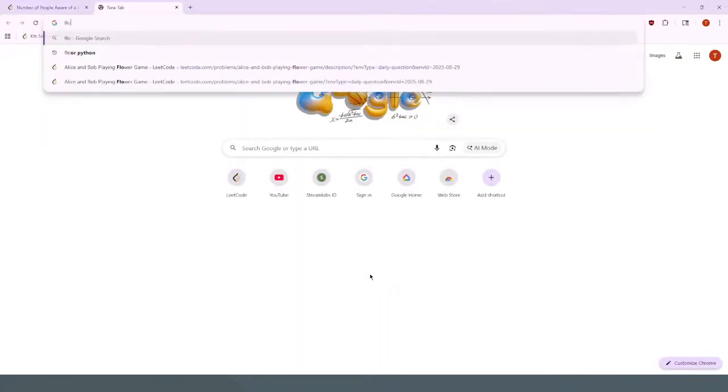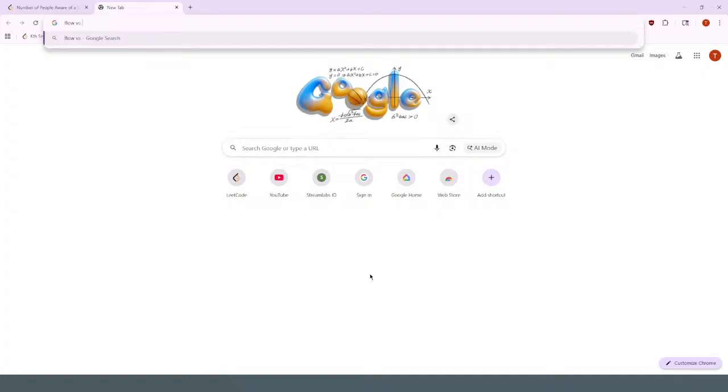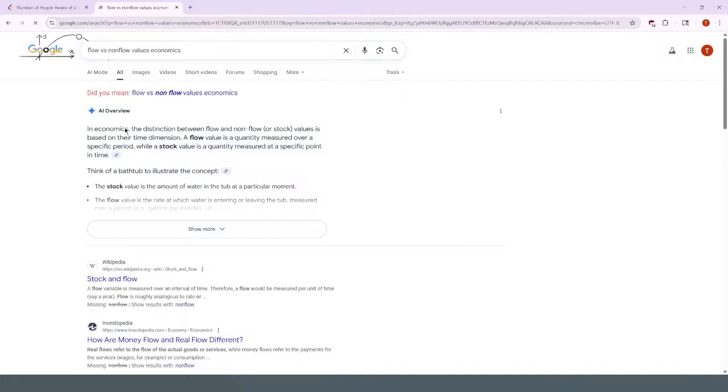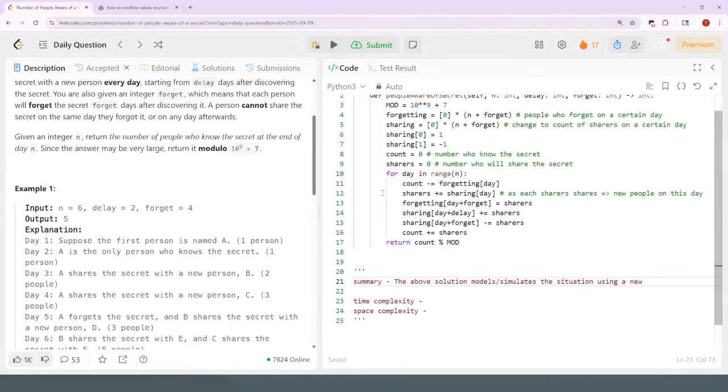What was the term that we put? Flow versus non-flow values, economics. Yeah, stock versus flow. Okay. Let's simulate using a few stock and flow variables.